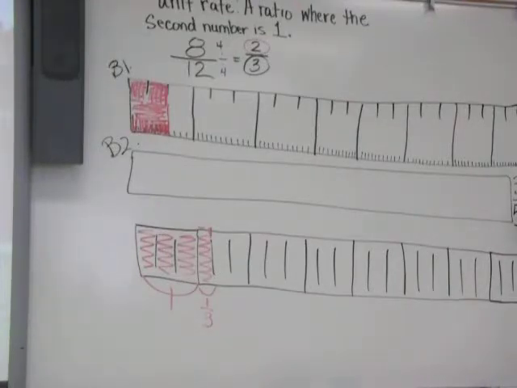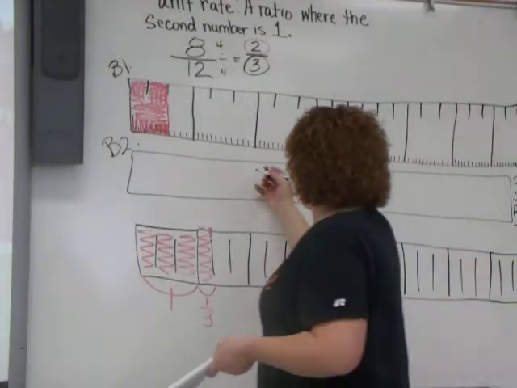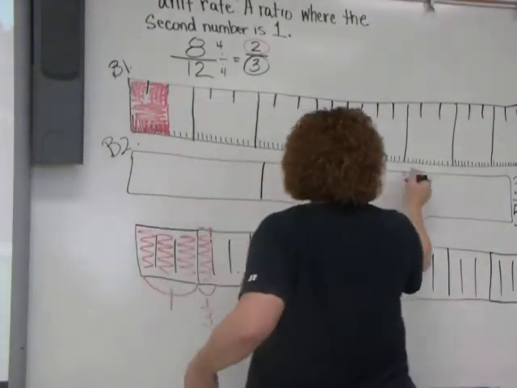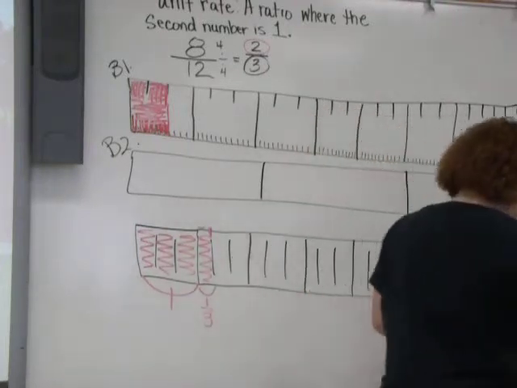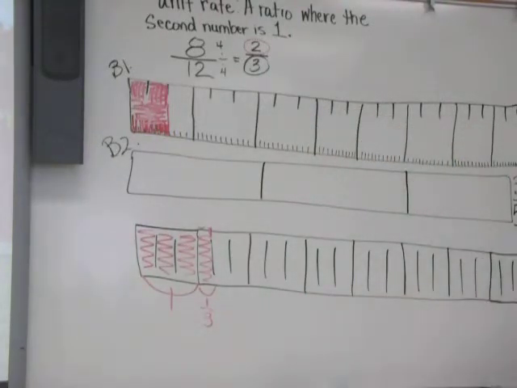So we are breaking it into 3 segments, sharing it with 5 people. So we're going to break it into thirds. And we're breaking each one of those 3 into fifths, which means how many lines do we have to make? 4.